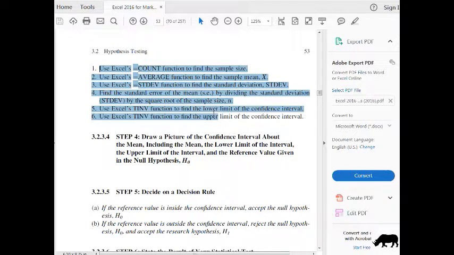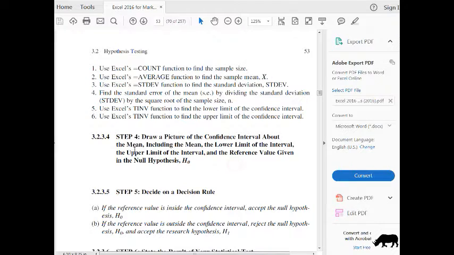Step 4, draw a picture of the confidence interval about the mean, including the mean, the lower limit of the interval, the upper limit of the interval, and the reference value given in the null hypothesis.